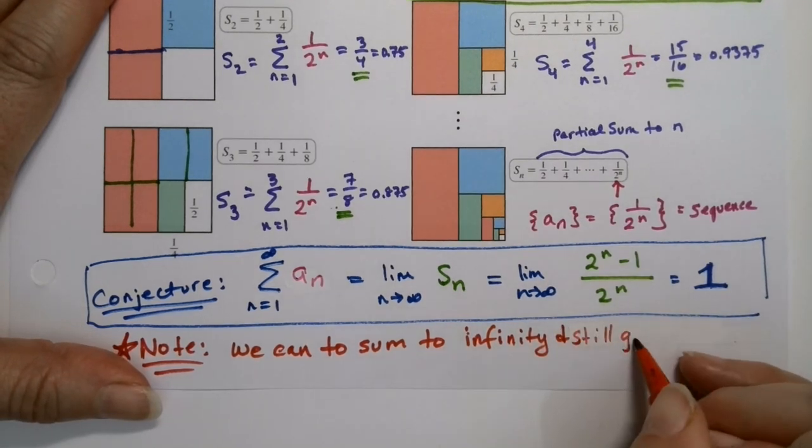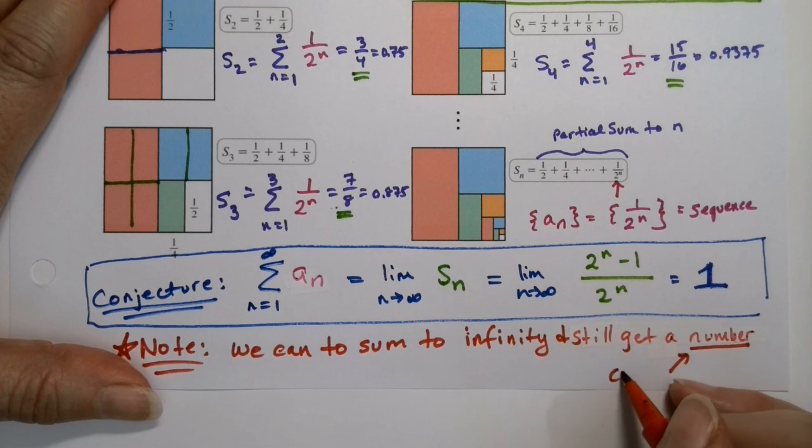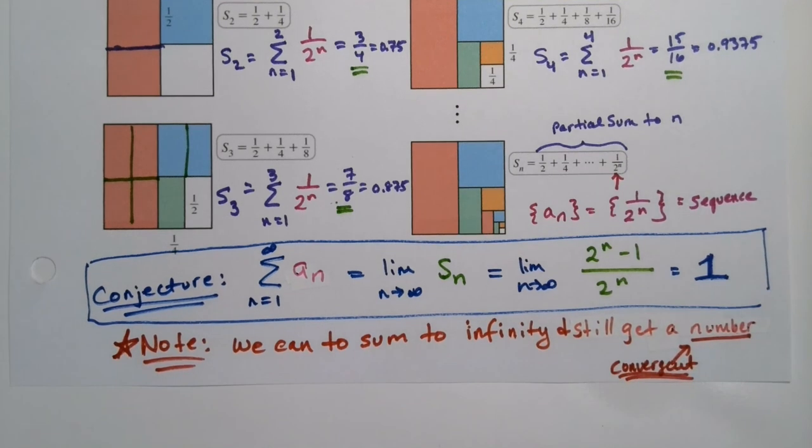There's a definition that we learned in section 8.9 for that. It's called convergent. It's possible that the sum will converge. It's also possible it will diverge. And that's where we'll be spending a lot of our time in chapter 10 to figure out whether it's convergent to a number or it diverges.